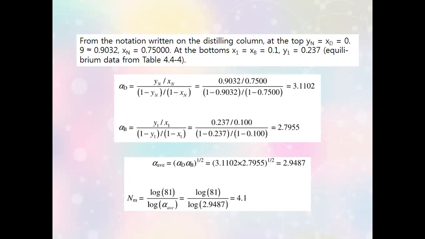If the table is not given by the problem, you still have another alternative, and that is to use the pure vapor pressure ratio of the light component to the heavy component. What do I mean? What's in the numerator is the pure vapor pressure of pentane. In the denominator, that would be the pure vapor pressure of hexane in the case of this problem.